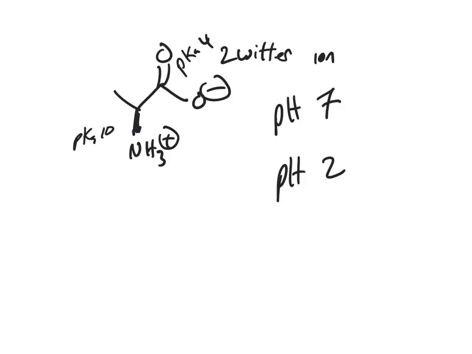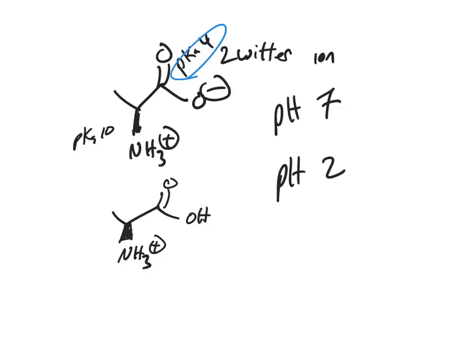So we're already way below 10 at pH 7, but if we go all the way down to pH 2, we're also below this pKa 4. So that means that we are going to gain the proton on our carboxyl group, giving us this overall positively charged molecule.